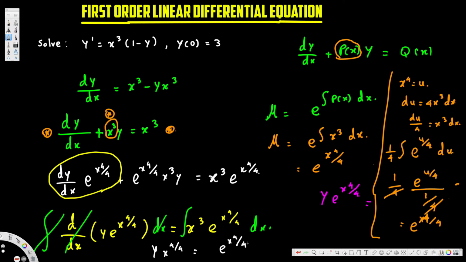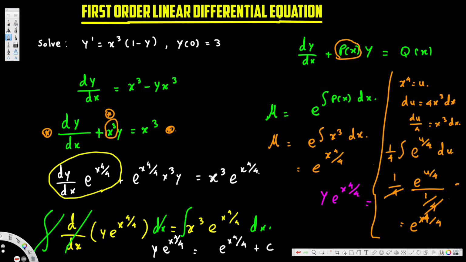But the final answer we have to write in terms of y, so we have to divide both sides by e power x power 4 divided by 4.